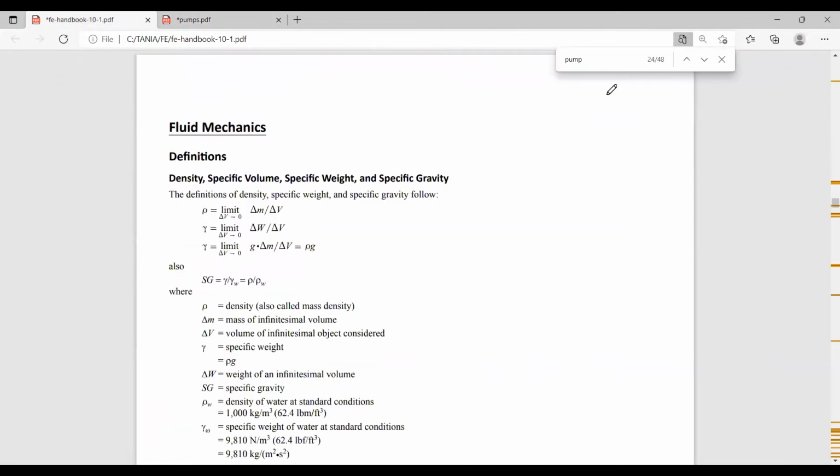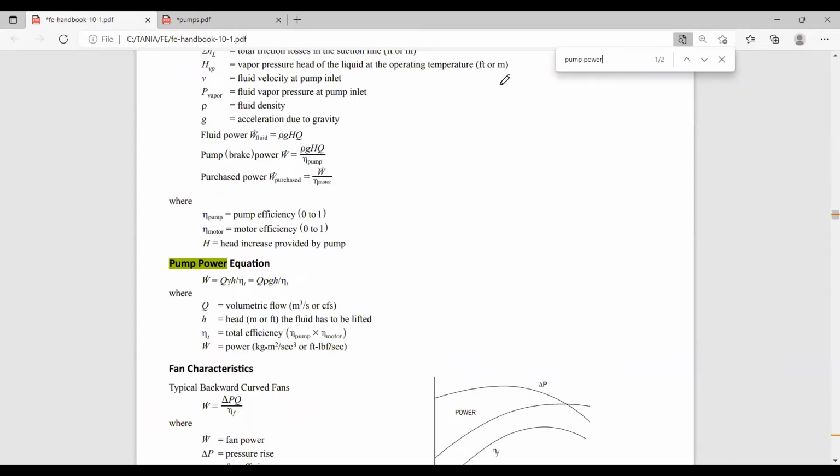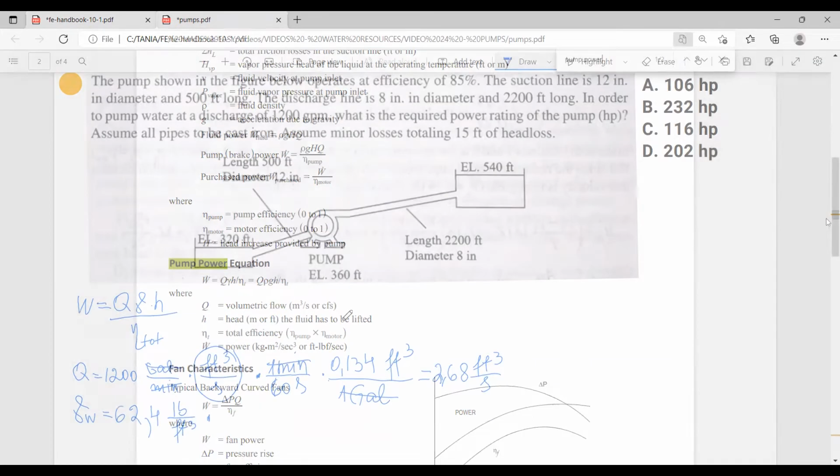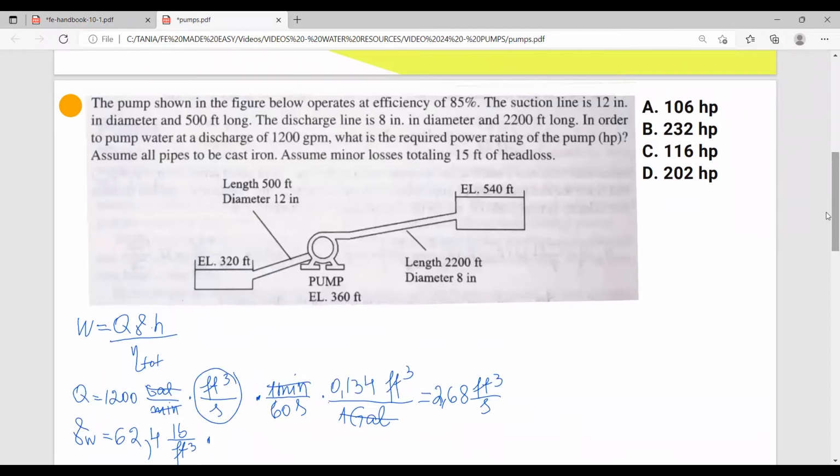Let's go here again to our pump power equation. And the H is the head the fluid has to be lifted. The problem states that there are minor losses totaling 15 feet.